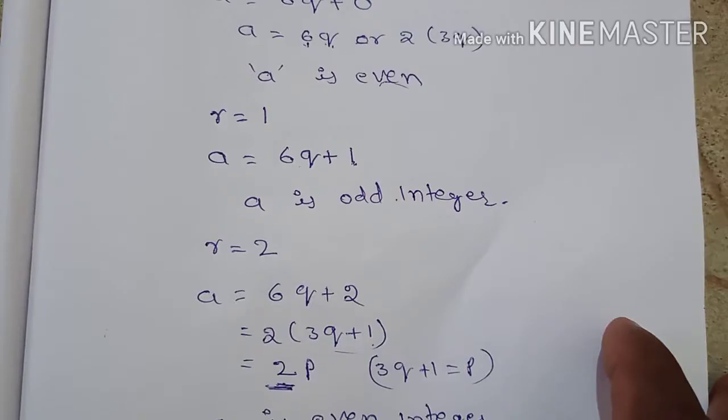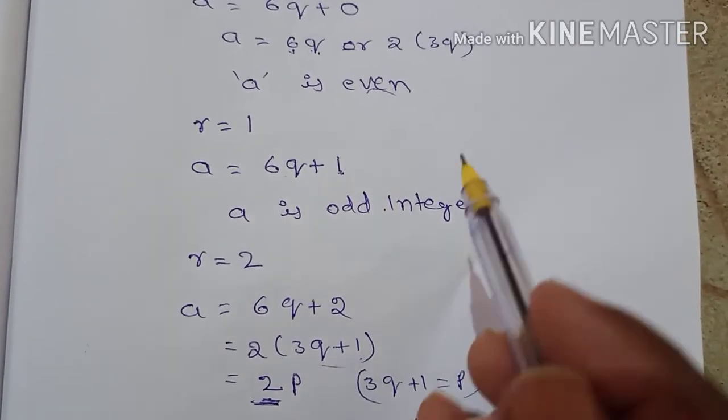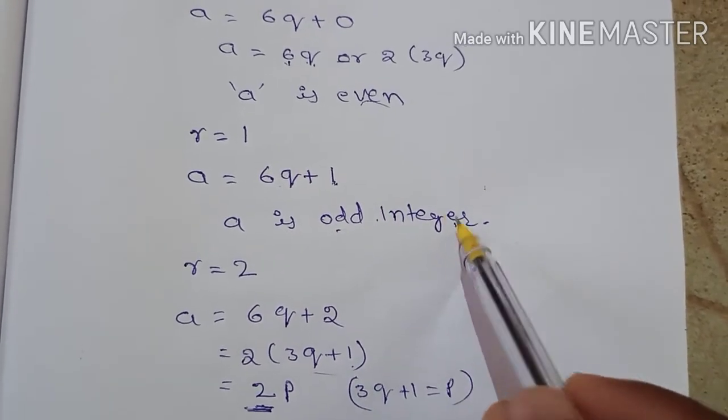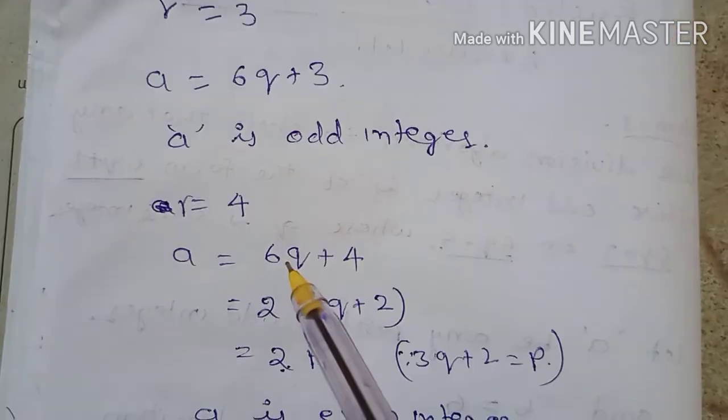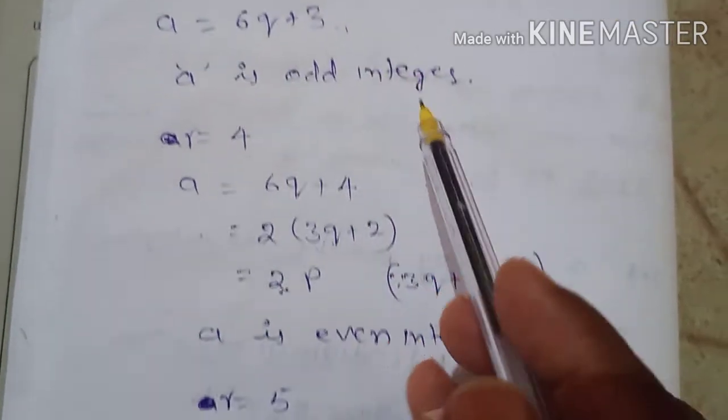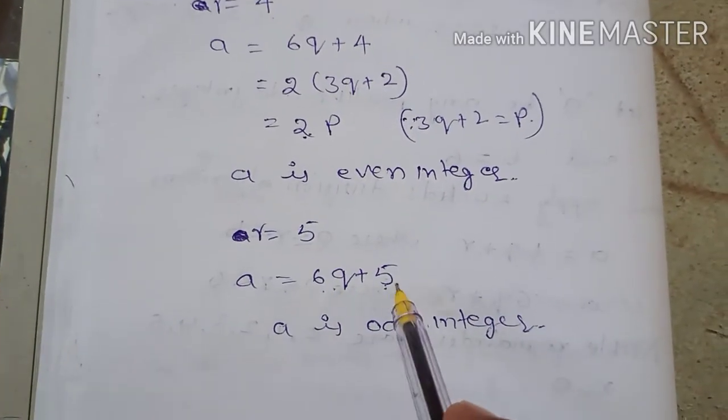If you observe, the odd integers are only in the form of 6q plus 1, 6q plus 3 and 6q plus 5.